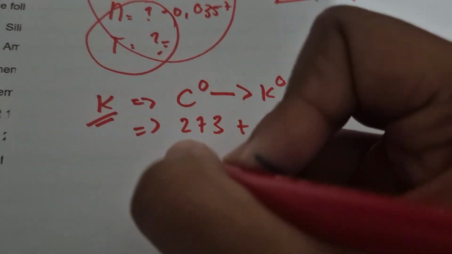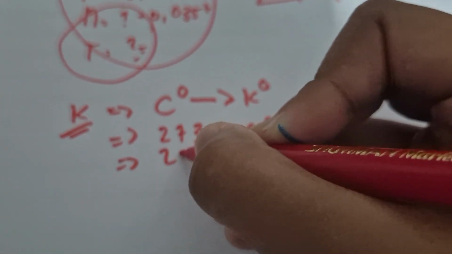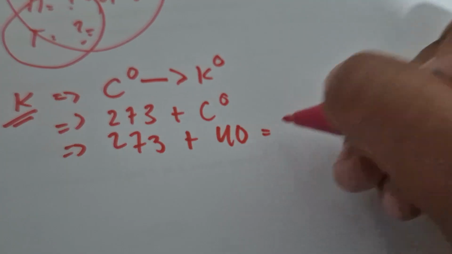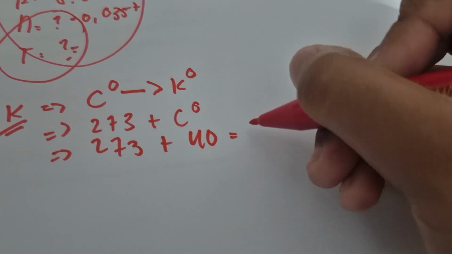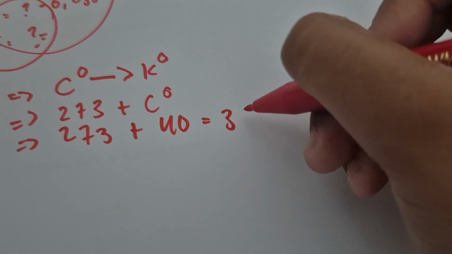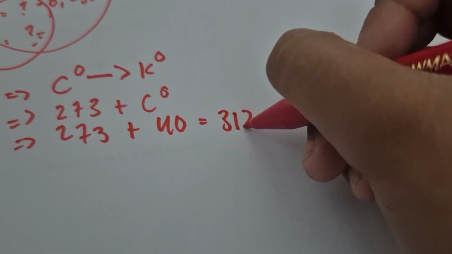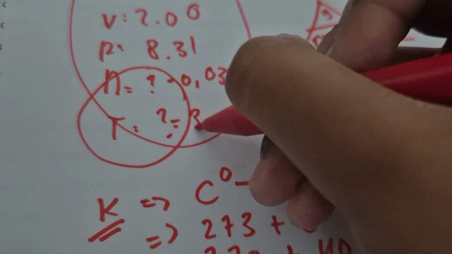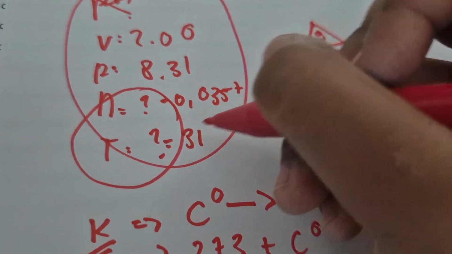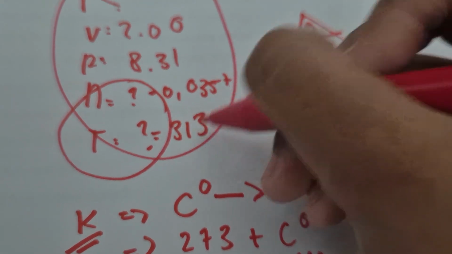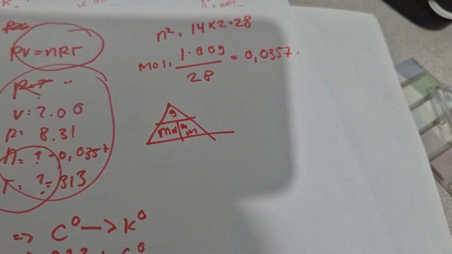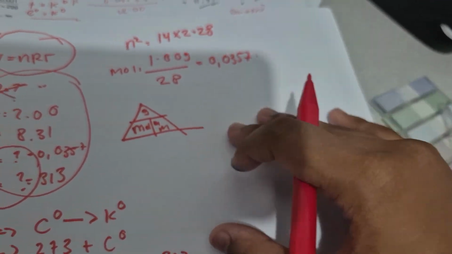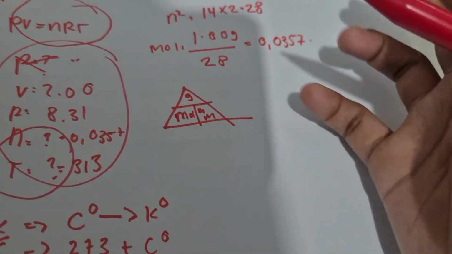So it's 273 plus 40 equals 313. So the temperature is 313. Sorry for the bad language, because I'm not really that fluent.